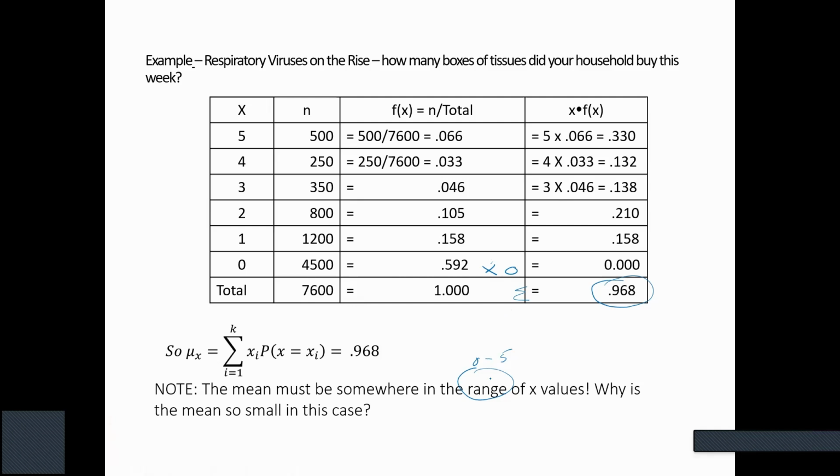Why does it need to be in the range of the original x values? That is because technically, it is a weighted average. Here it's weighted by the relative frequency. And so that's why it has to be somewhere in that range of original data.